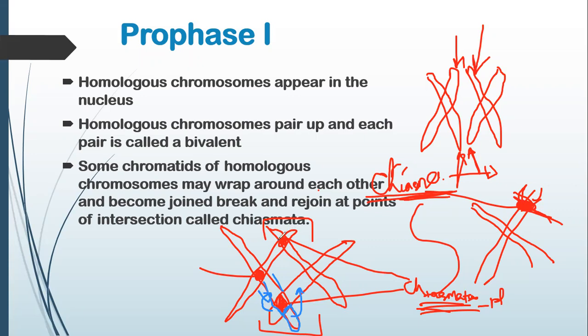The same will happen on these other chromatids. That process of breaking and joining these segments is known as crossing over.